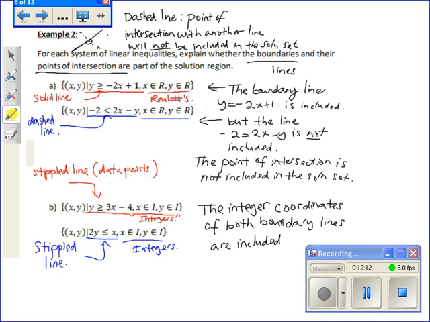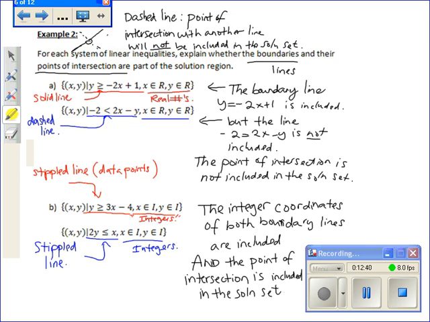And the point of intersection will be included too, assuming that these lines intersect, is included in the solution set.